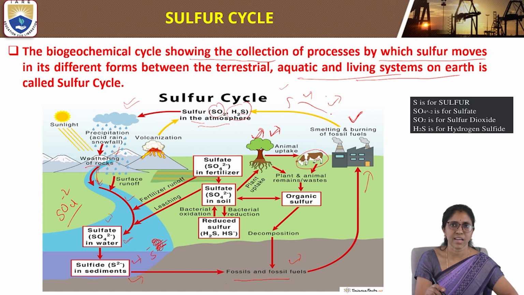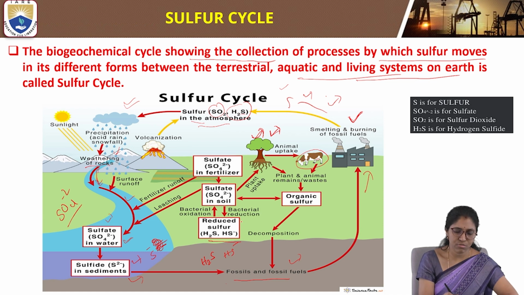This is one cycle. If we see another cycle, that is reduced sulfur, like H2S and HS minus. This is undergoing bacterial oxidation, and it is forming sulfate ion again. This is another sulfur cycle.